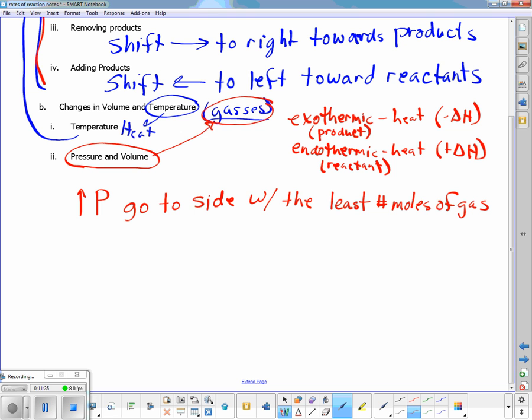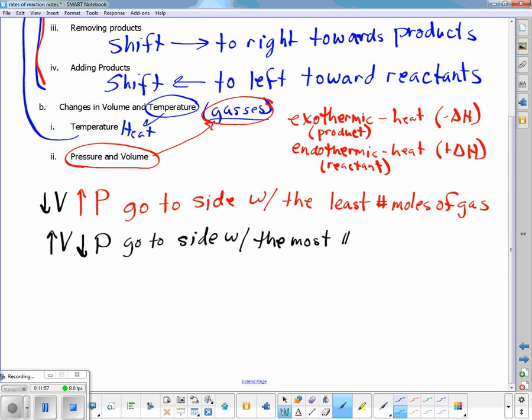If pressure goes up, volume's going down, and if pressure goes down, volume's going up, and this would go to the side with the most number of moles of gas.